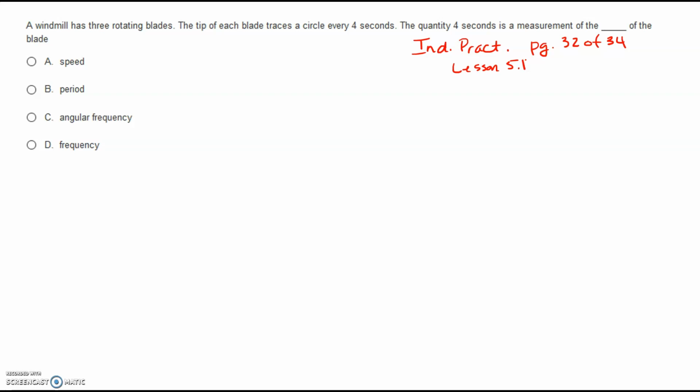The tip of each blade traces a circle every 4 seconds. The quantity 4 seconds is the measurement of the period of the blade, which is the time it takes for one rotation.